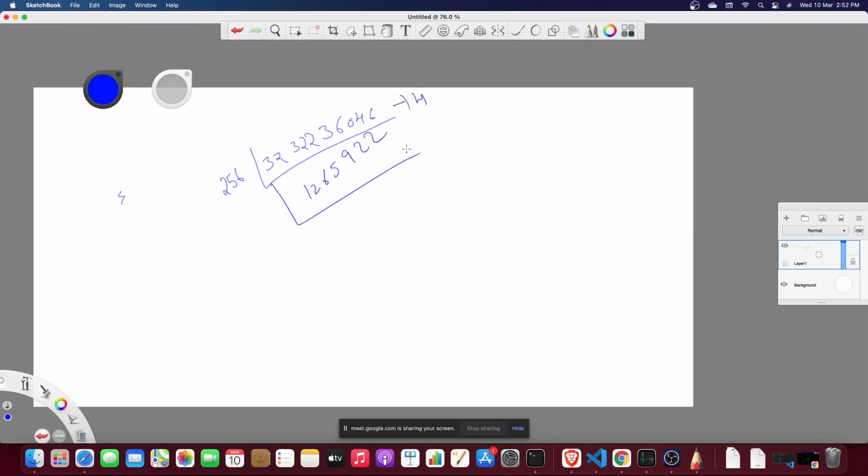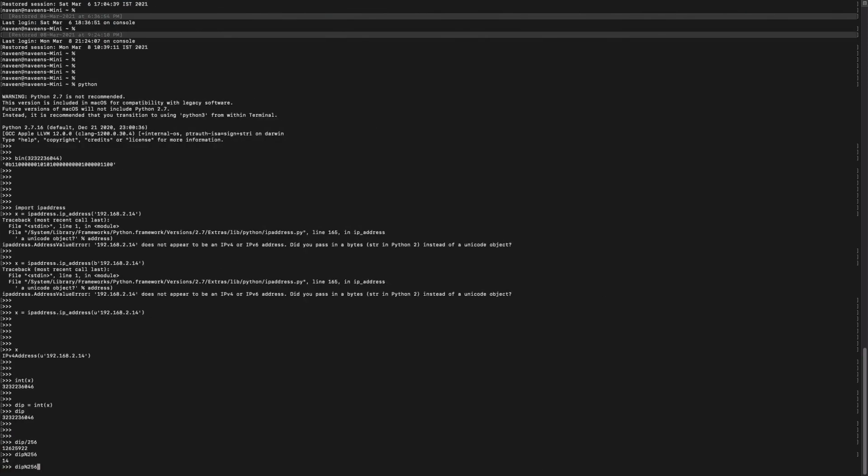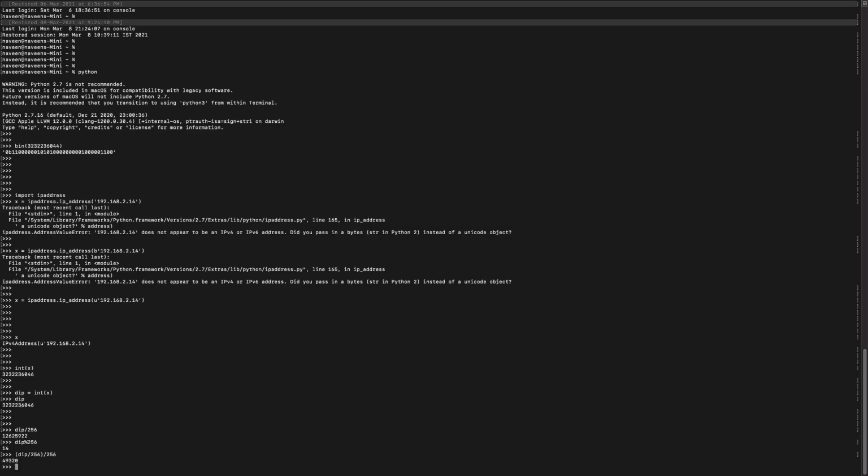If you divide this thing by 256 again, what is this? How much did we get here? 49152, which is the coefficient.